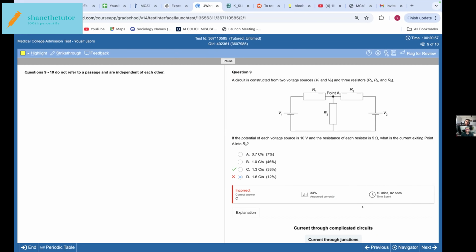One of the reasons it's harder is because you have two voltage sources.